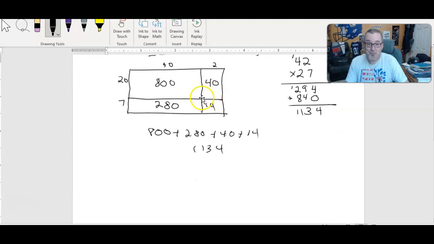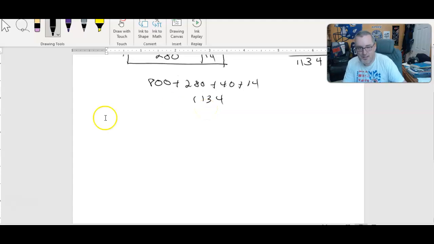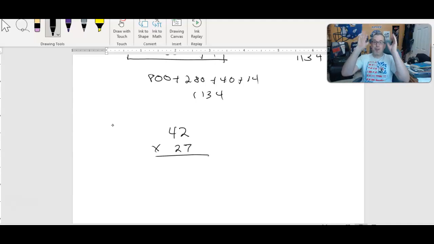Now, as kids work on this, they might start to become efficient at this as well. And what I had already, 42 times 27. With place value being the main foundation of the thinking, we might actually have students do this now more like a traditional algorithm without the box. They might even start on the left side. They might even start with the big blocks and say, I've got 40 and 20.